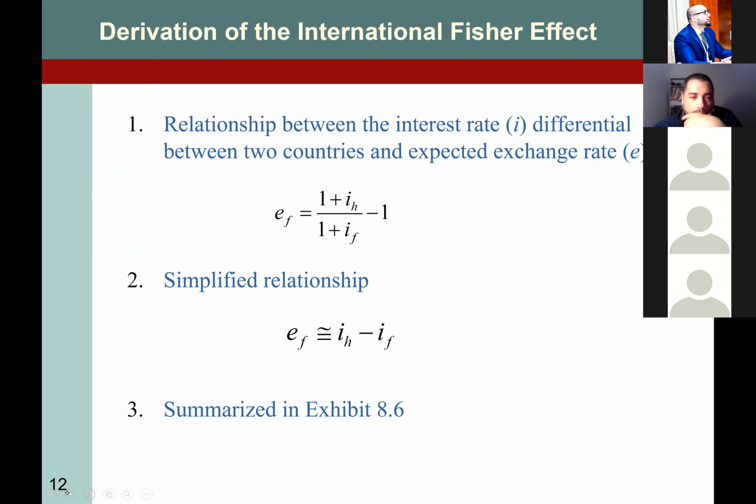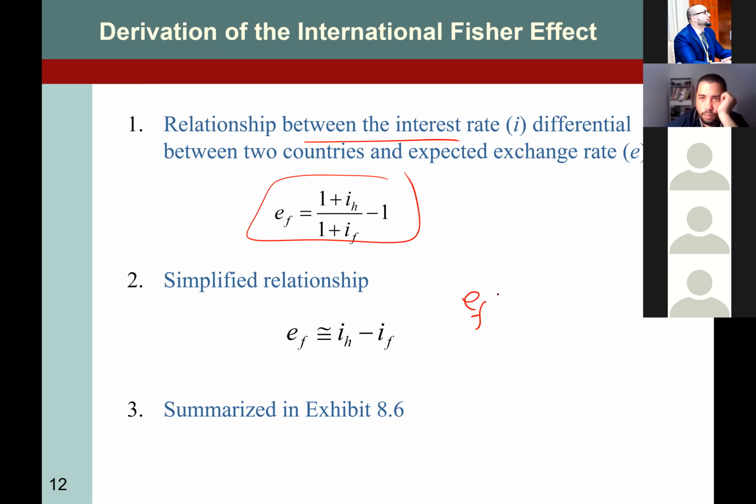so the derivation, then we talk about the international Fisher effect, that if we merge the interest rate and the exchange rate as well, we can find out that was purchasing power parity.